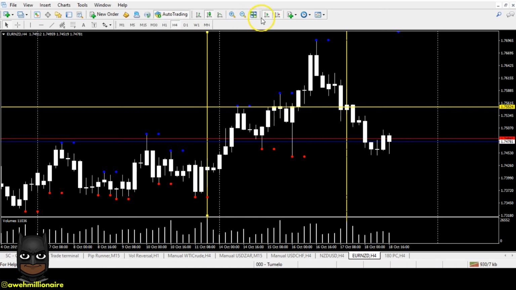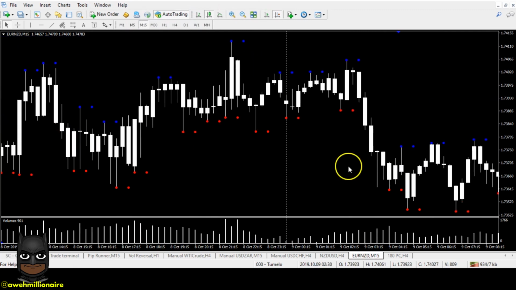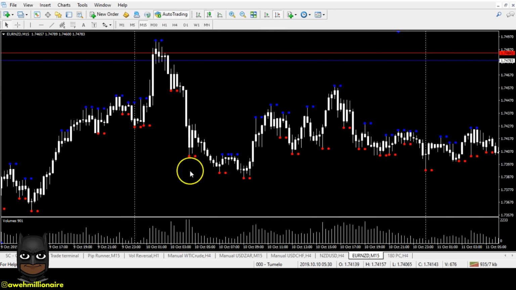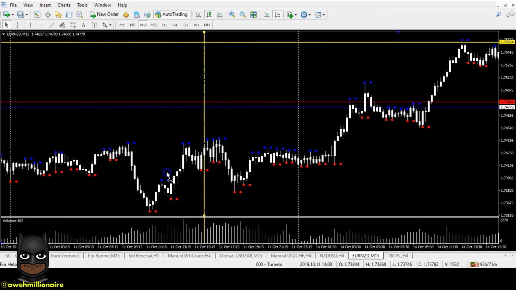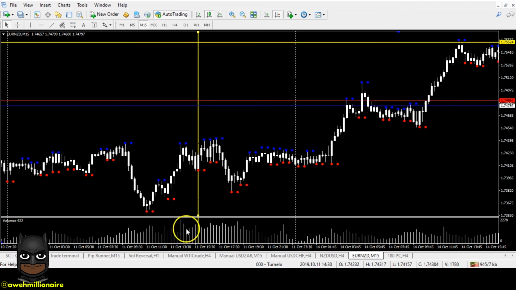And now step number 3 is to go to the 15-minute time frame, and we're going to go back to that vertical line. There it is. What we're going to look for now is, again, obvious high volume to help us identify the demand level.